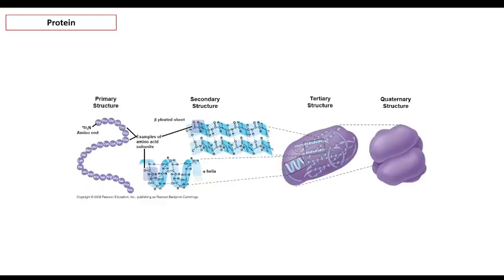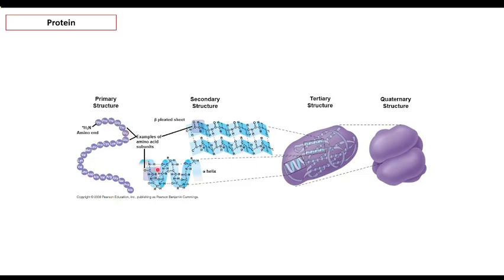To help you visualize that, I have this image here. This is your polypeptide chain. It is made up of many different amino acids. There are 20 amino acids in nature.